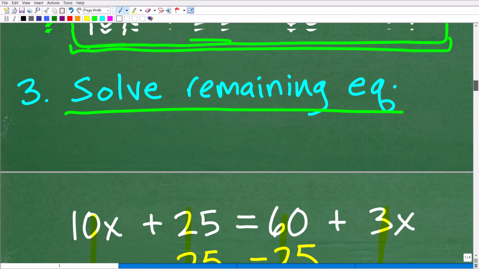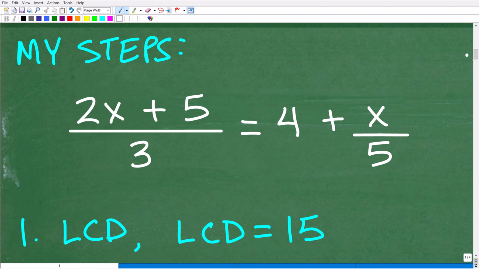But when you get to something like this, where we're dealing with a rational equation, you want to be thinking about the big picture procedure. And it's the same thing with linear equations. So anyways, I hope this video made you think about organizing the main activities that you need to take to solve an equation. And it's going to be different depending on what type of equation you're dealing with in algebra.